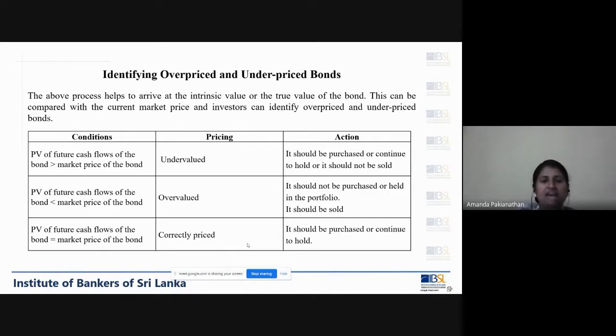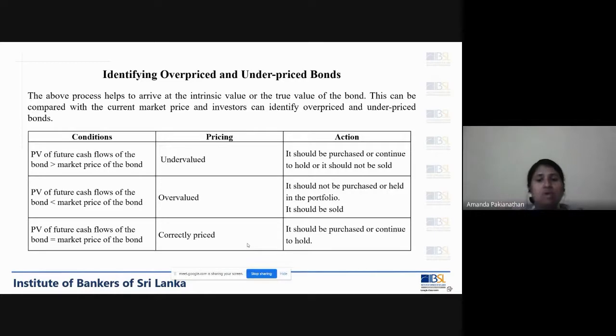Today I have to pay 850 rupees and get a bond which is worth 958 rupees in today's terms. Obviously, I'll go and buy, because I pay a lesser amount and get a higher valued bond. The market is undervaluing this bond at the moment.